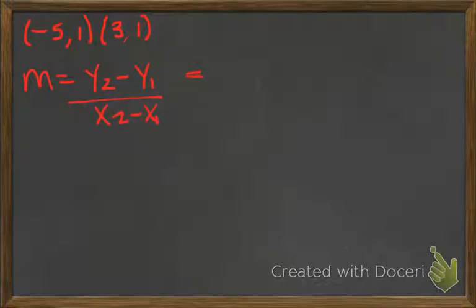So y2 is 1 minus y1, which is 1. x2 is 3 minus x1, which is -5. This gives us 0 over 8.